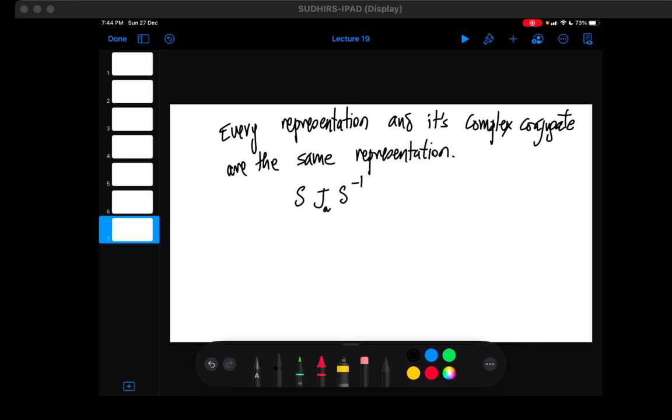Maybe there is a minus sign or something. So you can always go into a basis, using a similarity transformation, where the generators of SU2 and their complex conjugates are essentially the same.